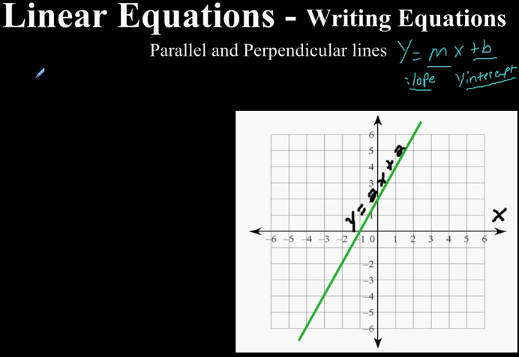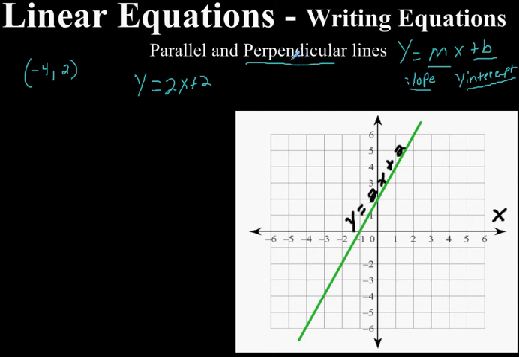Let's say we have a problem like -4, 2. We were looking for an imaginary line or a made-up line that passes through -4, 2 and is perpendicular to y is equal to 2x plus 2. Okay, what do we know about perpendicular lines?